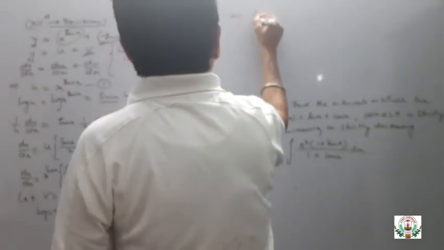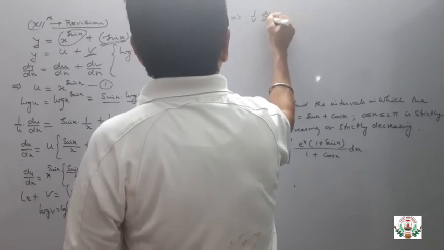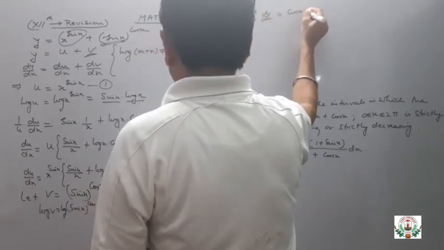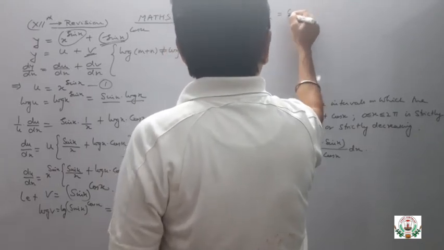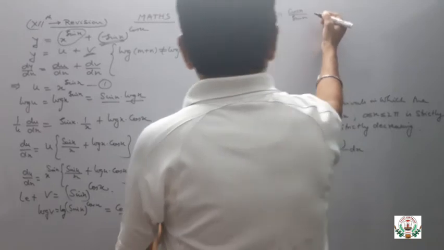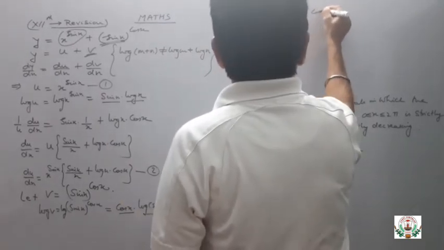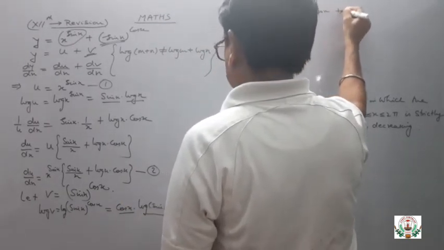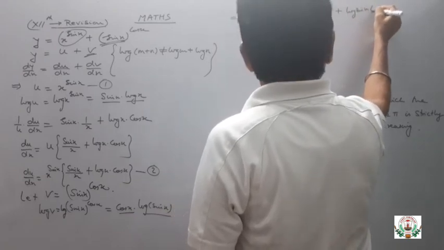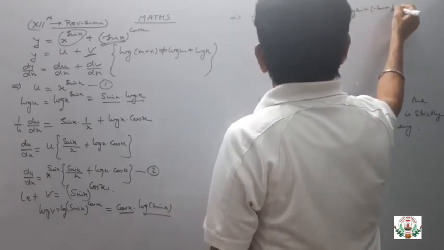1 by v dv by dx equals cos x times 1 upon sin x into d by dx of sin x, which is cos x, plus log sin x times d by dx of cos x, which is minus sin x.